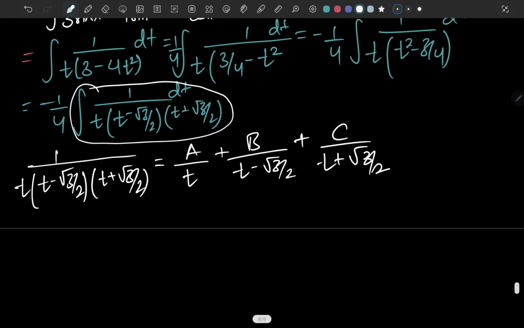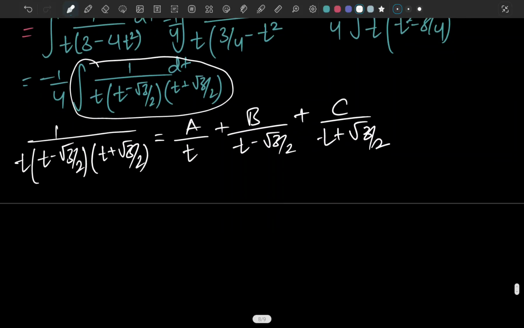That is what we are going to solve for a, b and c, right? So if we take the common denominator, this thing and this thing get cancelled out, so I'm just skipping those two steps.